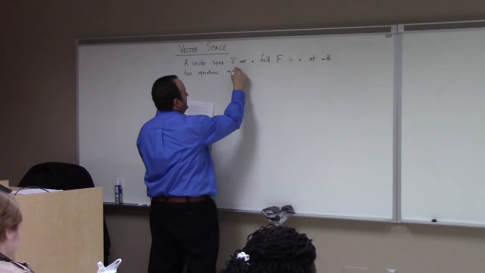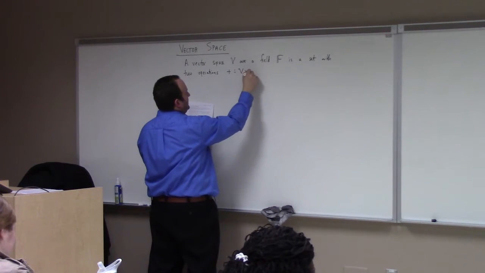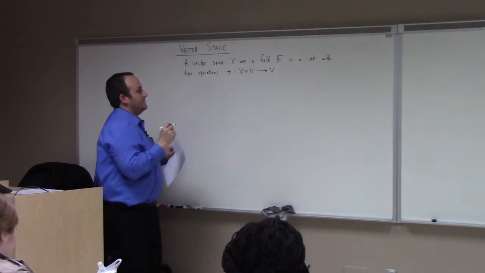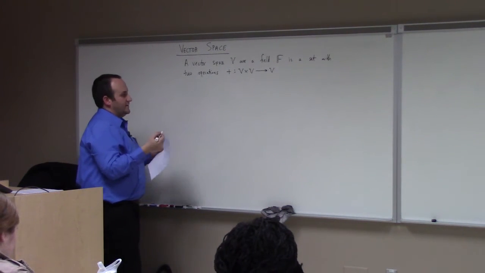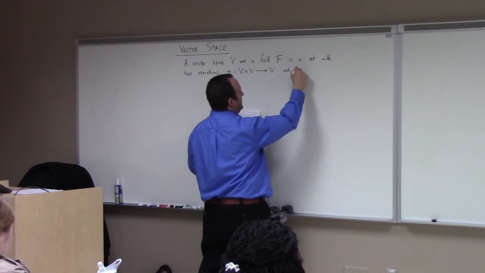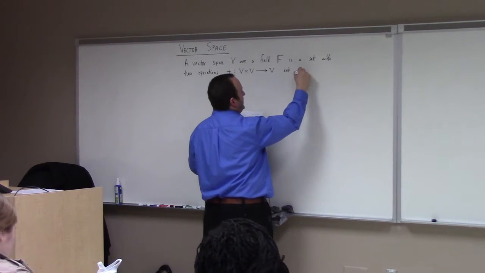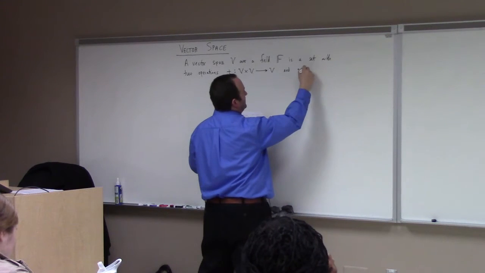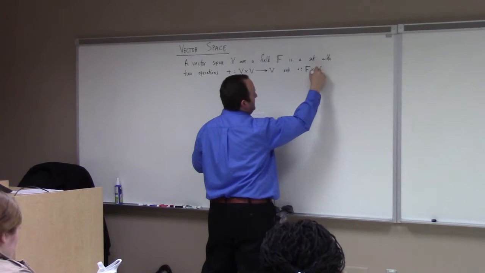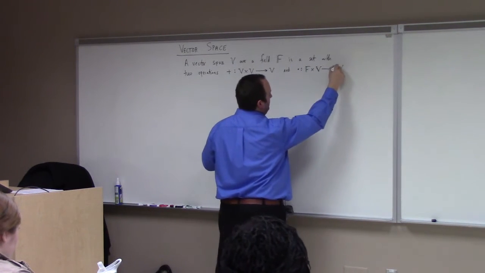Plus is a mapping from the Cartesian product of the vector space with itself back to the vector space again. So that's called vector addition. And the other one, let me use a dot for, not to be confused with the dot product. The dot operation goes from the field across the vector space back to the vector space again.